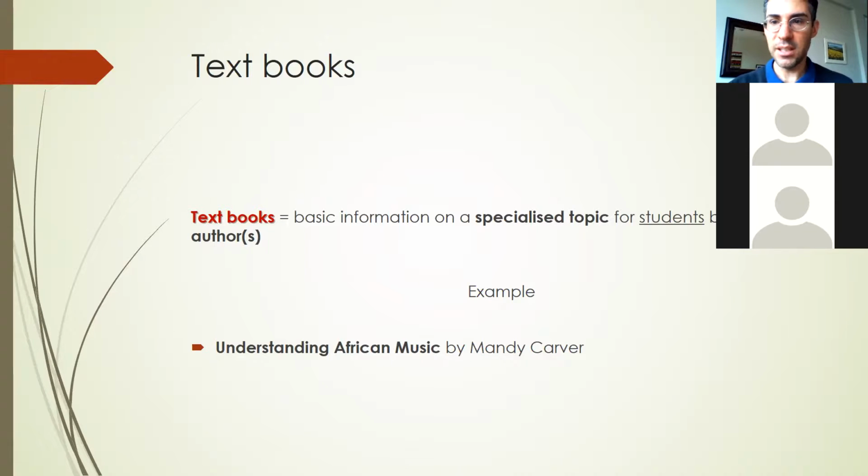So you'll see I've said it's basic information on a specialized topic. It's intended for students so that you can get a broad knowledge. Sometimes it can be by one author. In this case, it's by 3 different authors. They're all listed at the bottom here. So those are textbooks.